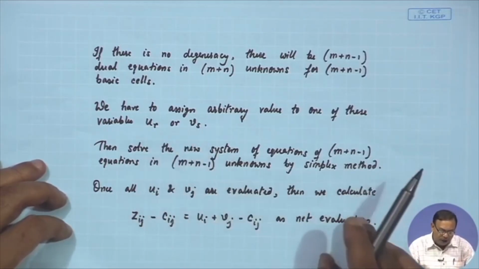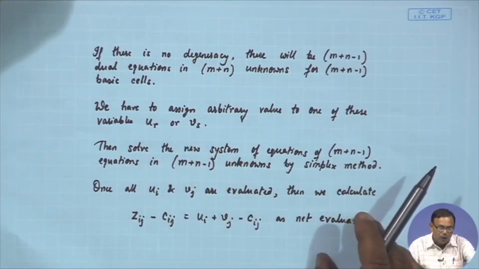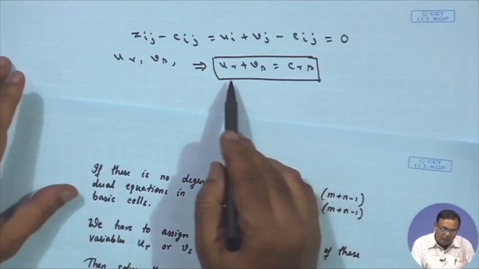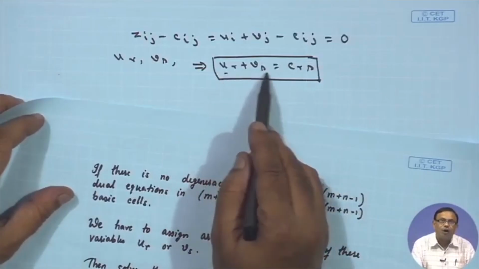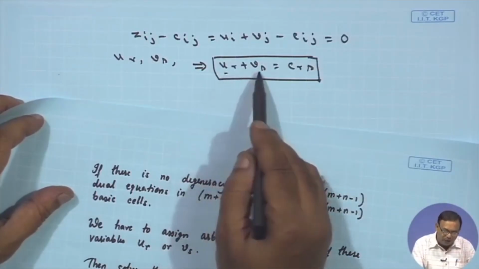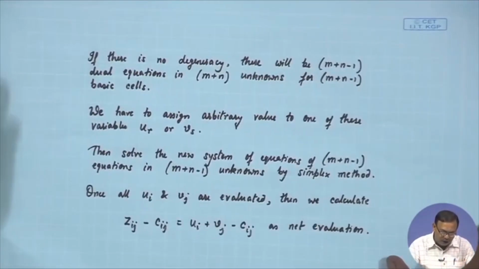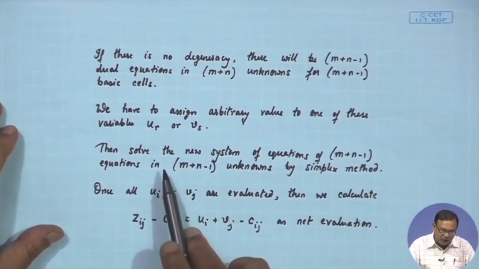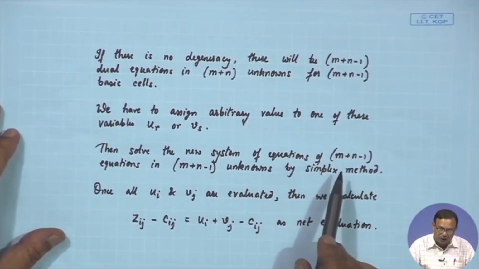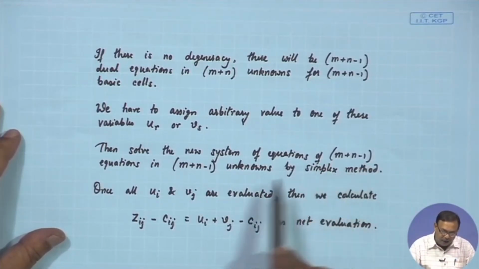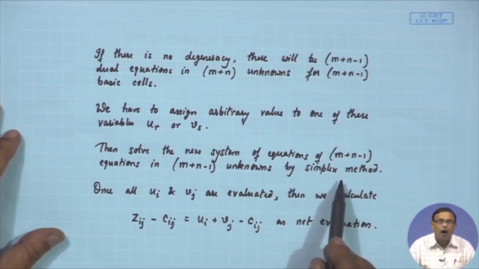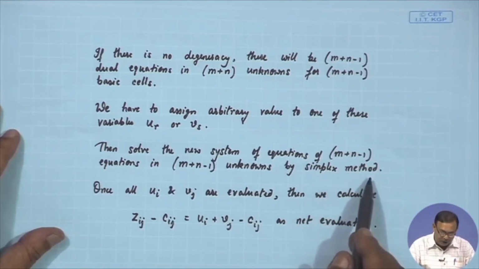So, basically, whenever I write this equation, I have to find the values of u_r and v_s and proceed further from there. We have to solve the new system of m plus n minus 1 equations in m plus n minus 1 unknowns in the simplex method.